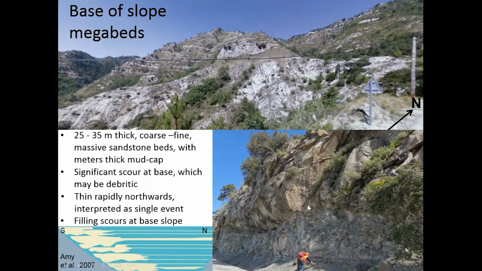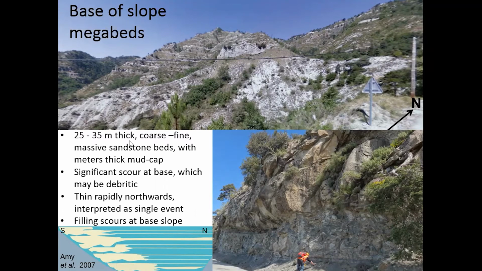They can have an extensive mud cap, meters thick mud cap at their top, and some significant scour on the base, which can often show a debritic component. And these events thin very rapidly northwards and would be interpreted as single events, filling the scours at the slope.